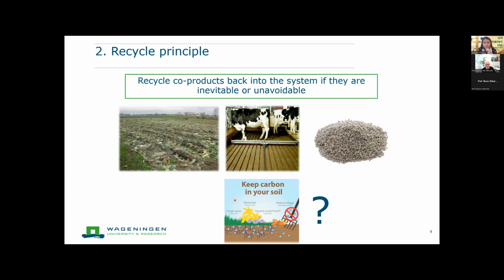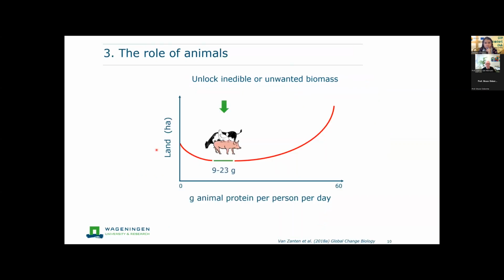We might be better off using that biomass for other purposes, as illustrated here, and in that way saving more greenhouse gas emissions than by simply stocking it in our soils. That doesn't mean that we should not put any carbon in our soils, just to maintain the soil fertility and the soil quality. The third principle is this one.